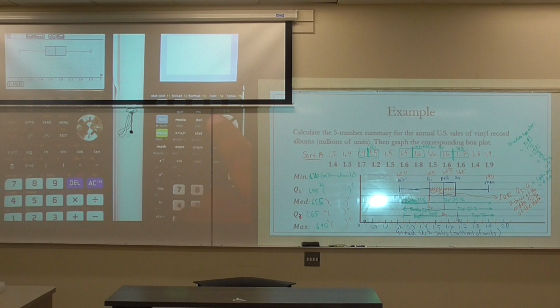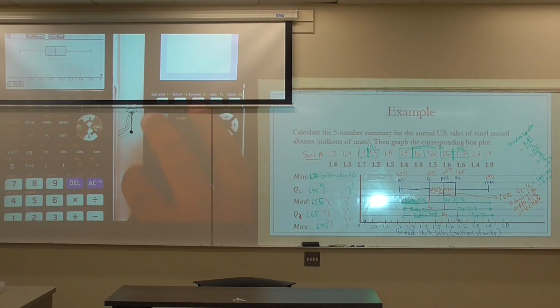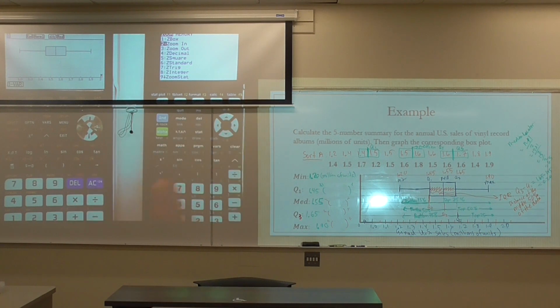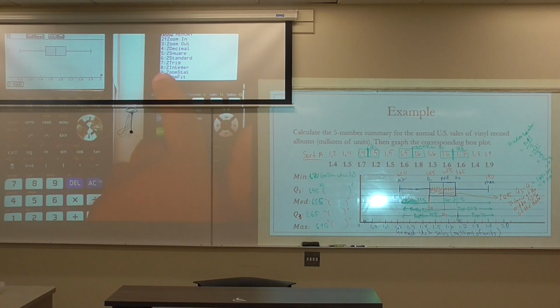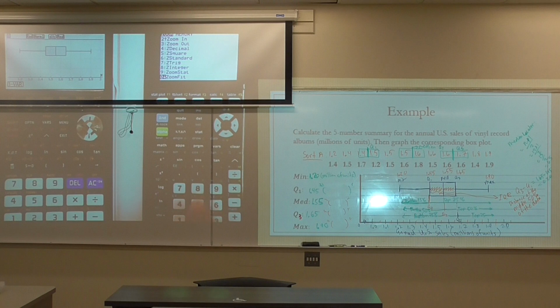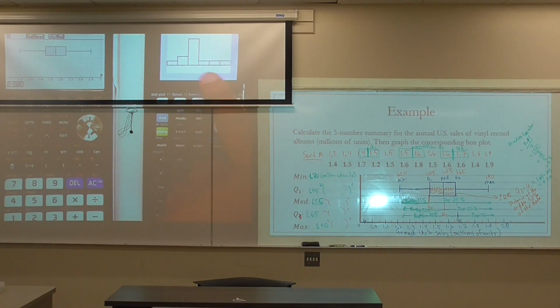Well, maybe because my scaling is not good. So what I'm first going to do here is zoom, which is pretty much the middle right here. I'm going to zoom, and I'm going to go to stat 9. It's supposed to be 9, which is the zoom stats. Zoom 9. Zoom stats number 9 option. So I hit 9, and it's finding how to do a histogram. I thought it's a box plot.